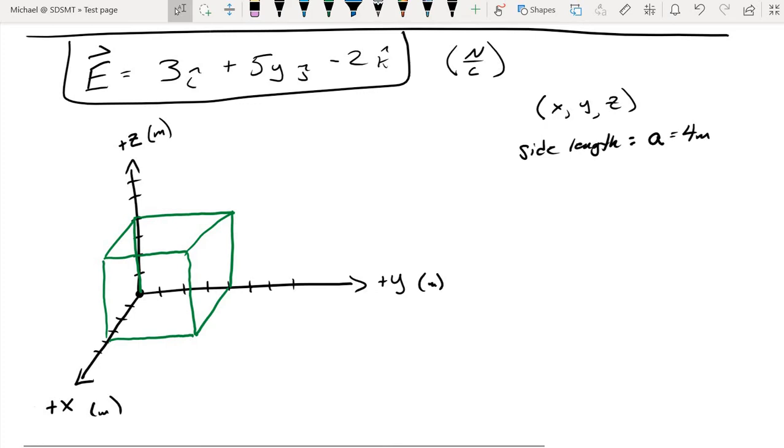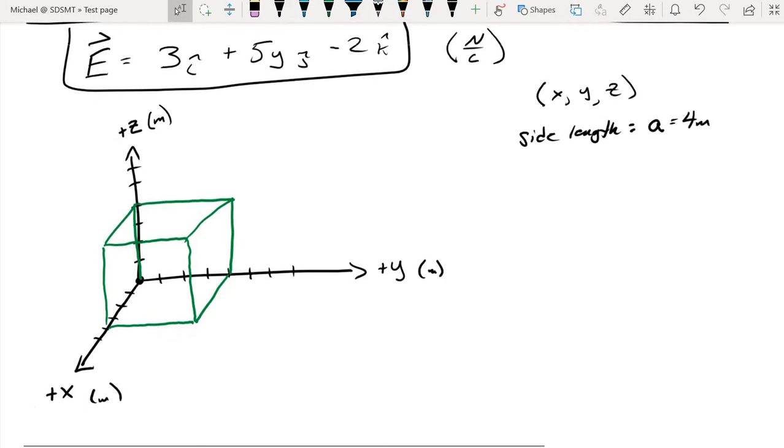Now that I have this container, we have an electric field with the 3 given components, and those electric fields will pass through the surface of this cube. What makes this different from the previous examples is that the amount of electric field that passes through any given face of the cube is not going to be the same as the other faces.